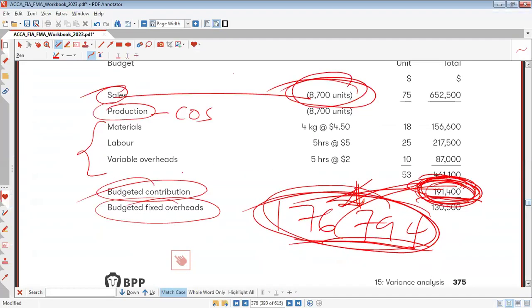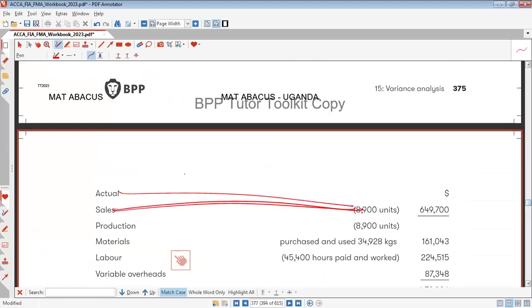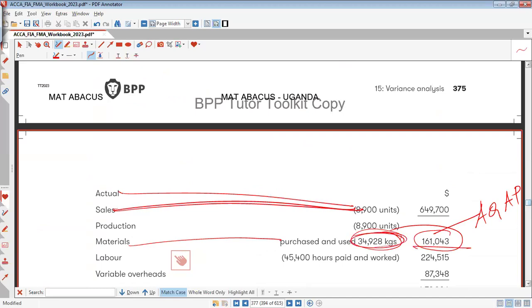So let's come back here. Where is actuals? Actual, so we have material purchased and used 39 at this much. Remember yesterday we said this is the same as AQ times actual price. Or if you want to get just this, you have to divide this by that.